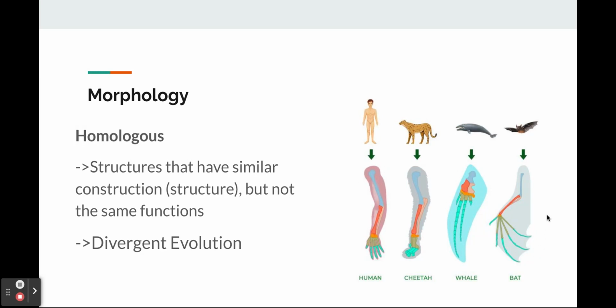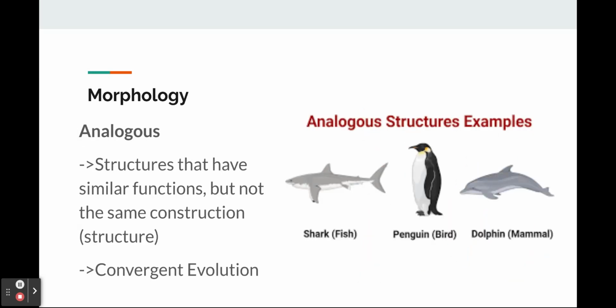So they have the same construction, the same structure to them, but they each do a different function, right? Humans help grab, cheetahs run, whales swim, bats fly. So those are homologous.